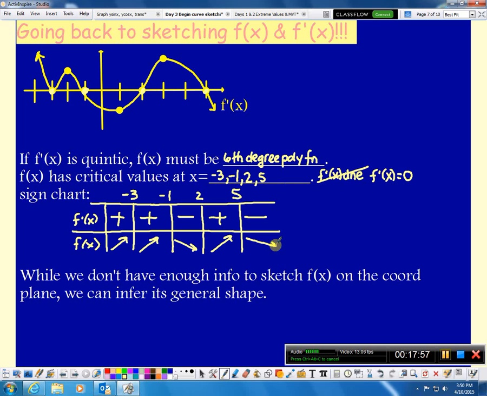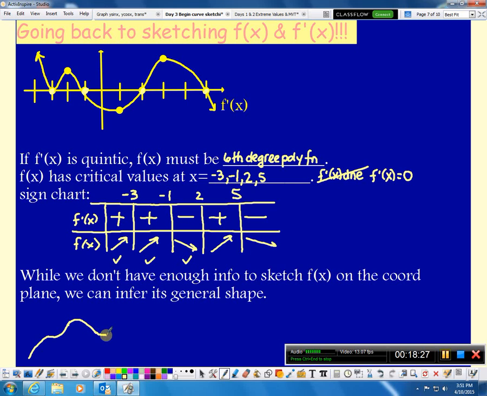So the graph increases, flattens out, and increases. I've just done these two parts of the sign chart. Then the graph flattens out and decreases. That's this part of the sign chart. Then the graph flattens out and increases. That's this part of the sign chart. Then the graph flattens out and decreases.